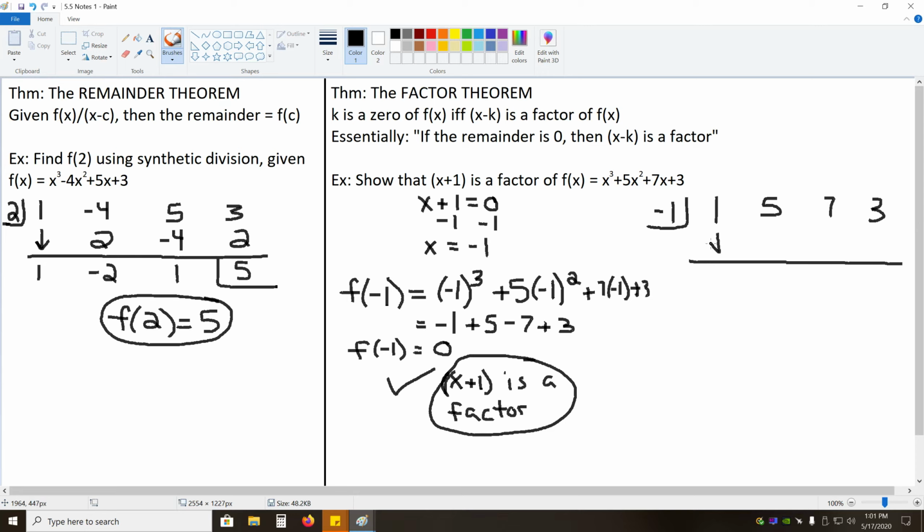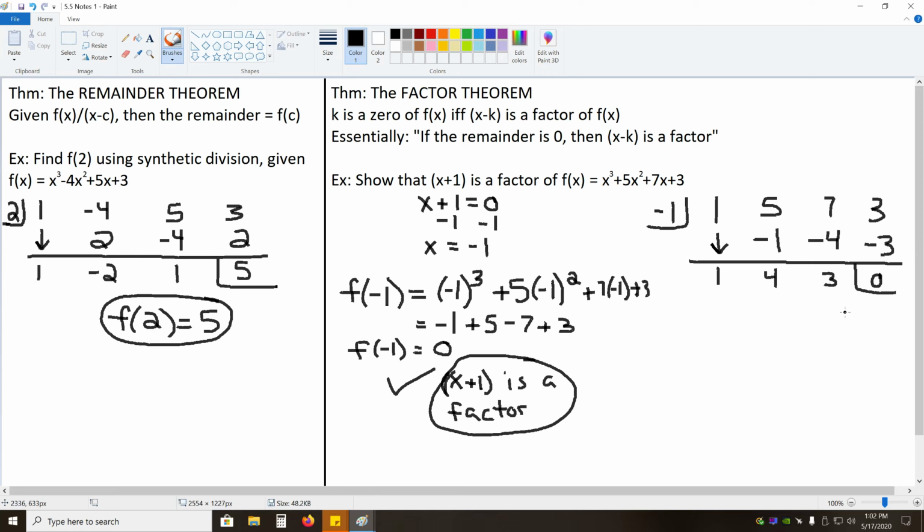We bring down the first number, which is 1, and multiply it by negative 1, which gives us negative 1. 5 plus negative 1 is 4, times negative 1 gives us negative 4, plus 7 gives us 3, times negative 1 gives us negative 3. 3 minus 3 is 0.